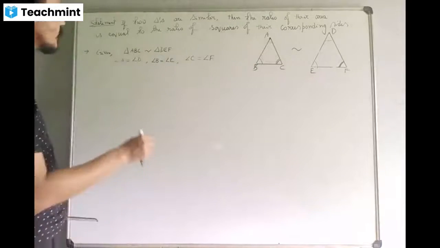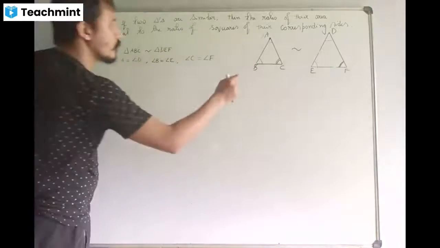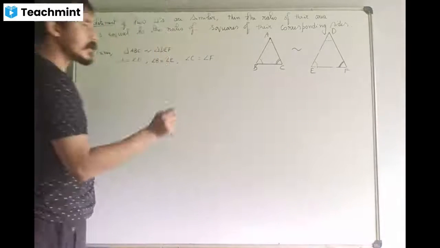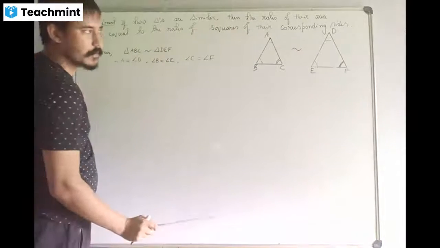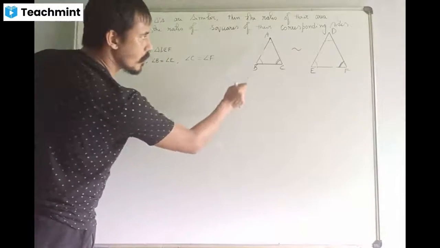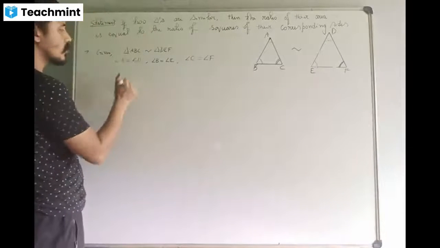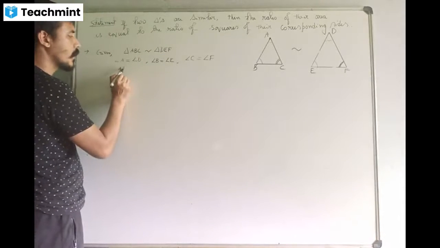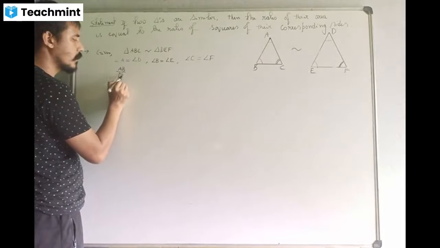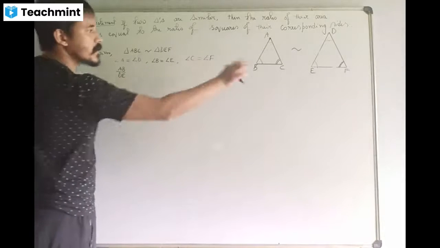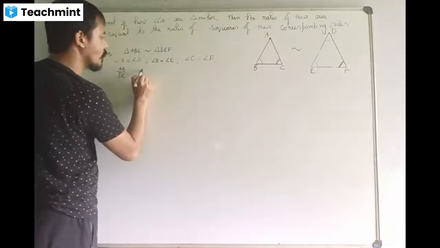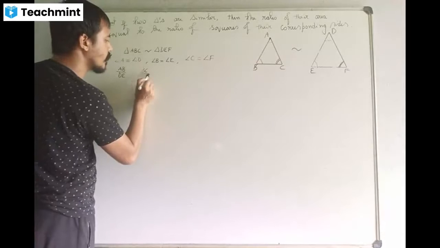The second point, ratio of their corresponding sides will be in proportion. Here your side AB corresponds to DE. So you write their ratio, AB upon DE. Here your side BC corresponds to EF. So you write their ratio.